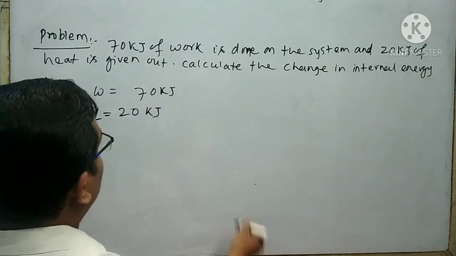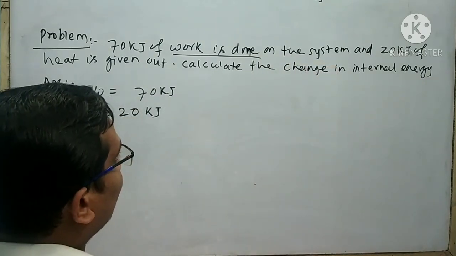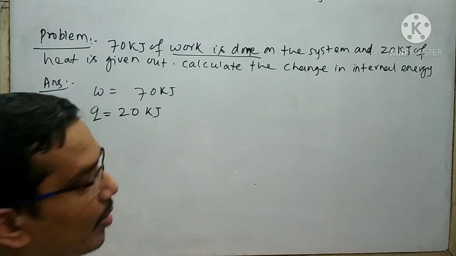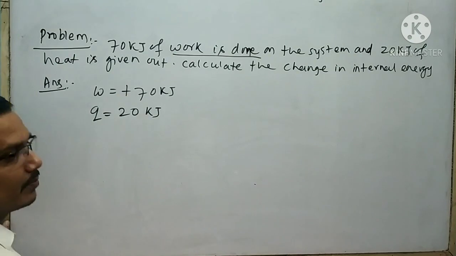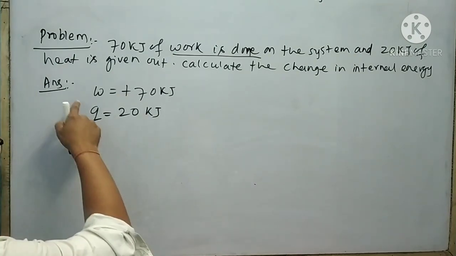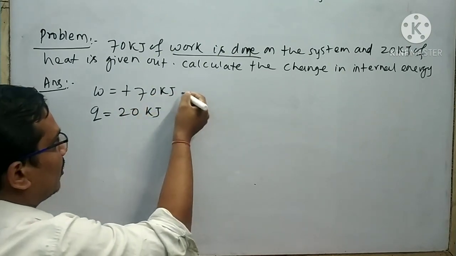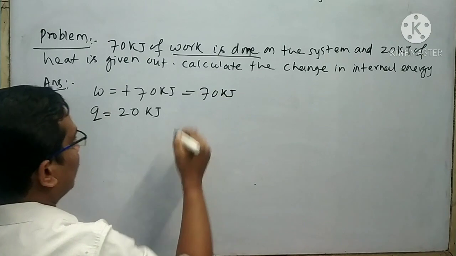Look at that, your work is done on the system. We know that when work is done on the system, then the value of W is written with a positive sign. That means here I can write W equal to plus 70 kilojoule. Here also I can write W equal to 70 kilojoule.